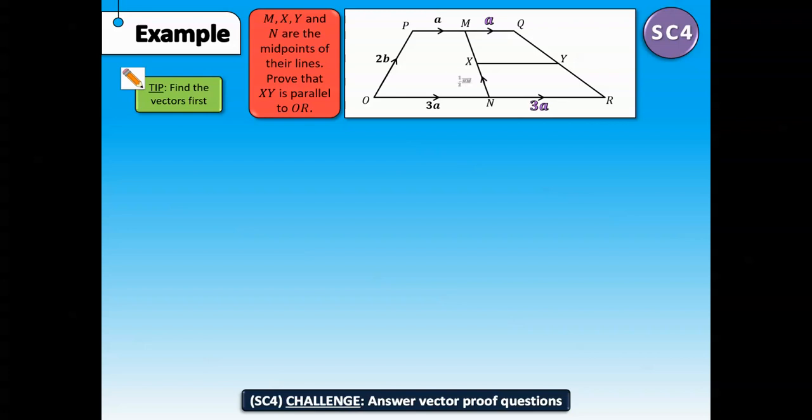So we can fill in any that were not given. And we need to find OR. Now OR is 6a, and XY will be XM plus MQ plus QY.